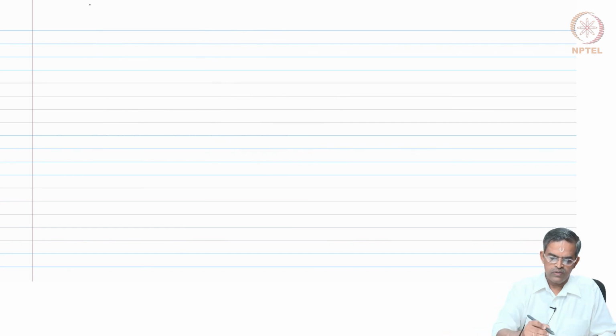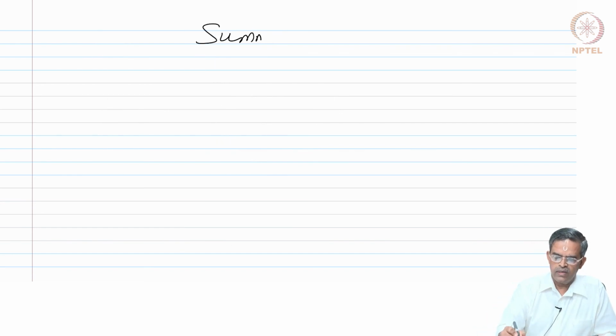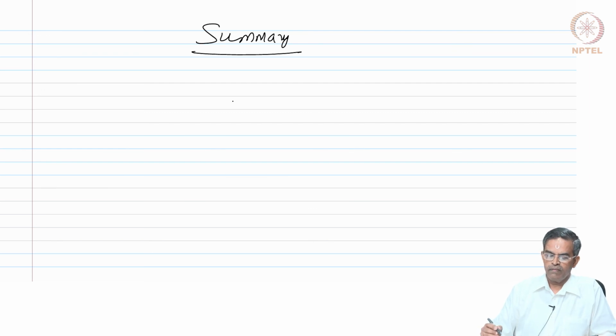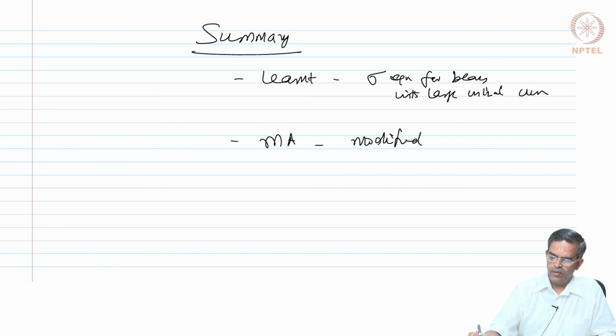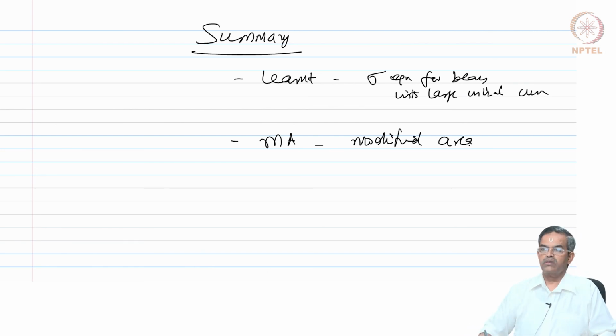Okay. So friends, in this lecture, we understood the stress equation for beams with large initial curvature. We understood that MA is a modified area, a cross section property.